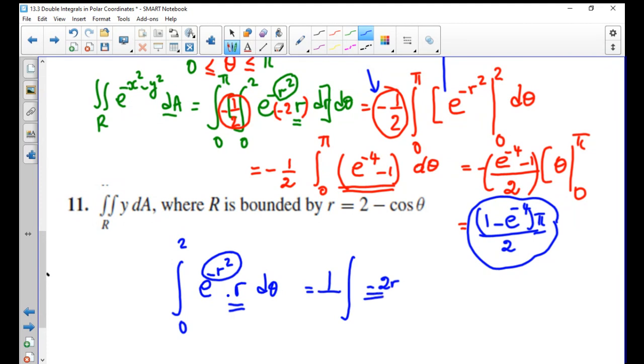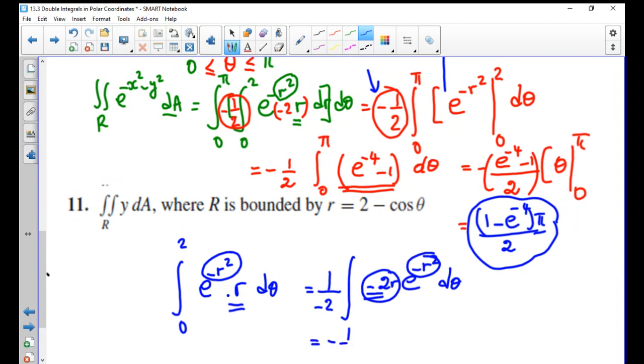Here I multiply by minus 2, so I need to divide this by minus 2 also. Do you understand it? And then e to the minus r squared d theta. Now, this is exactly the derivative of this.